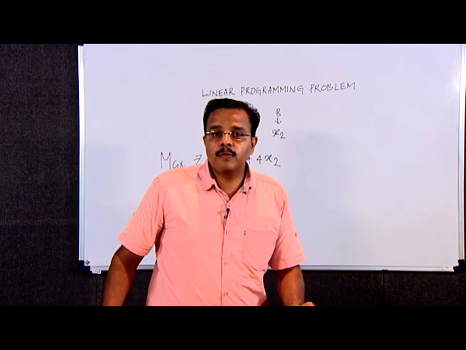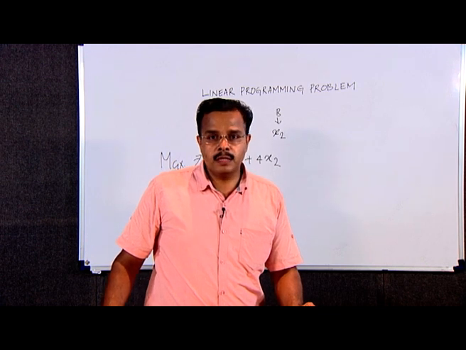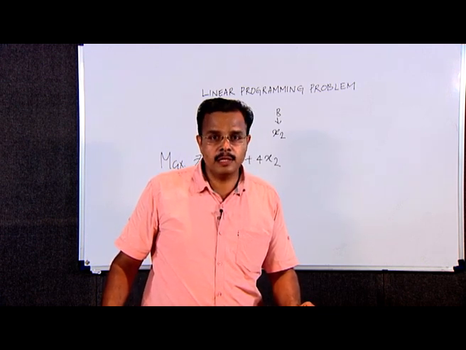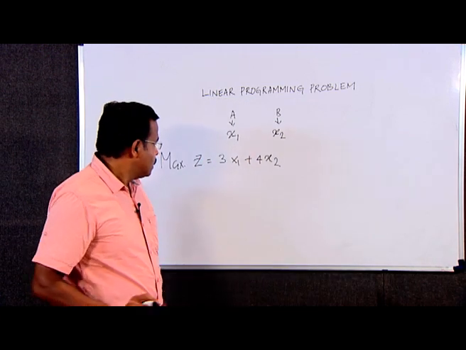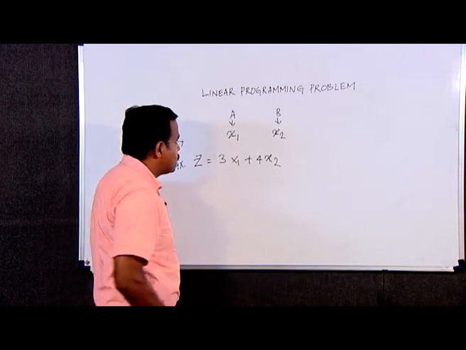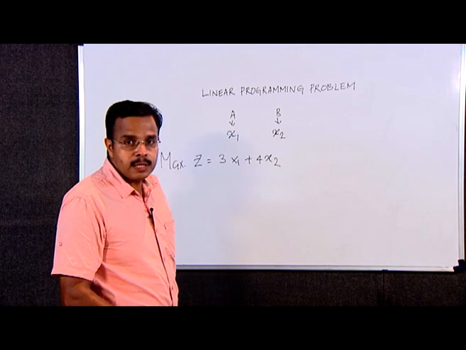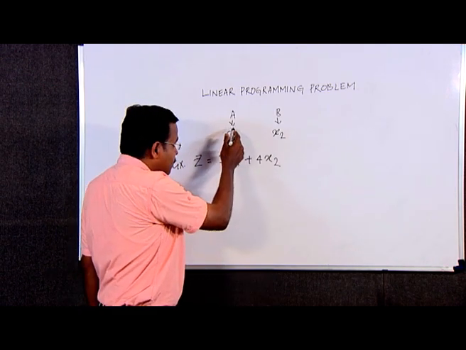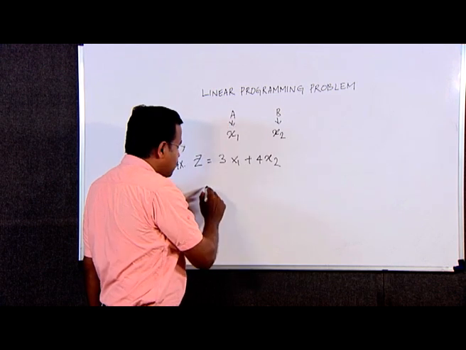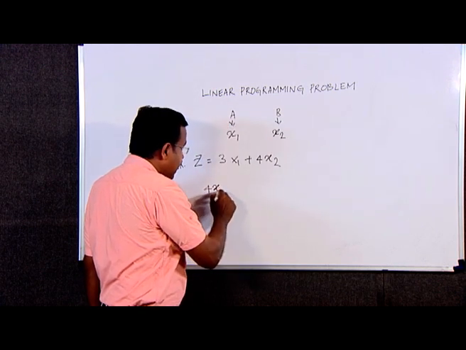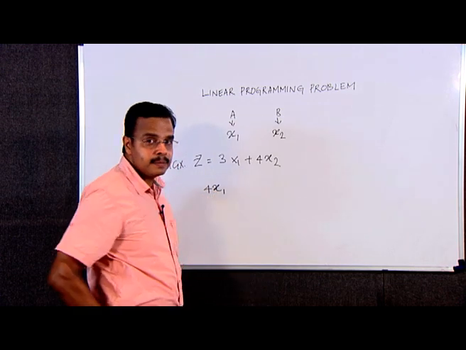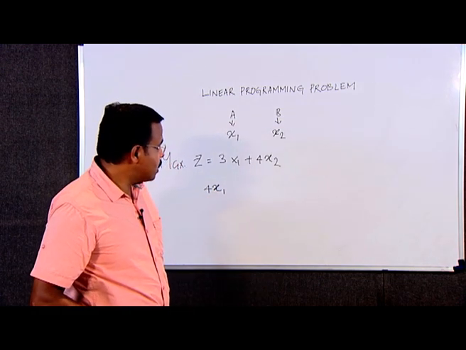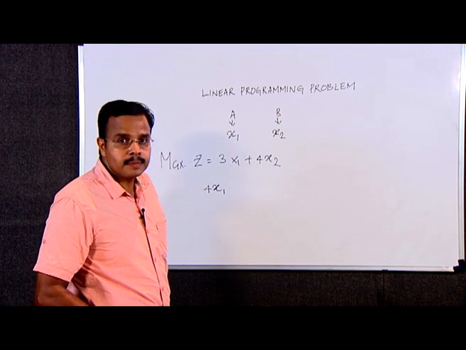But the total number of grinding hours needed per week for model A is 4 and for model B is 2. So, if x1 quantity of A is produced, the total grinding hours required for that number of x1 items of A model is 4 x1, and the grinding hour required for B model is 2 hours.